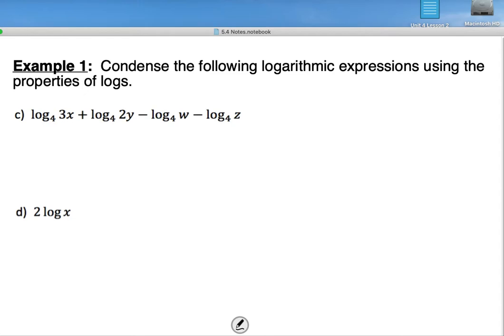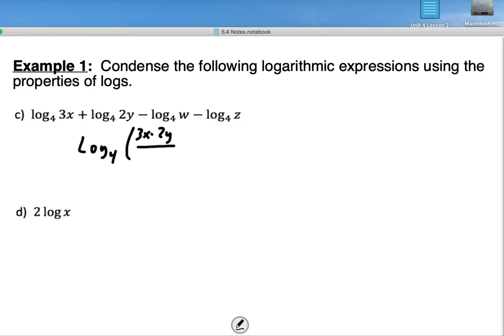All right, so let's condense these. So now we have log base 4 of 3x plus log base 4 of 2y minus log base 4 of w minus log base 4 of z. So we're going to combine them as a single log. They're all log base 4s. When we have addition, we know we're going to multiply them together. And when we have a subtraction sign, we know those are going to go in the denominator. So it's going to be 3x times 2y up there in the numerator.